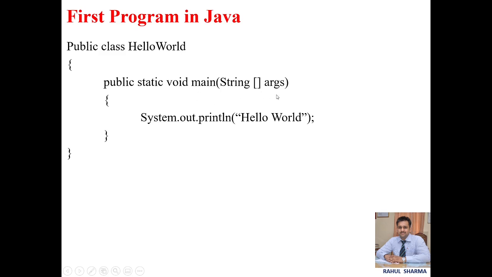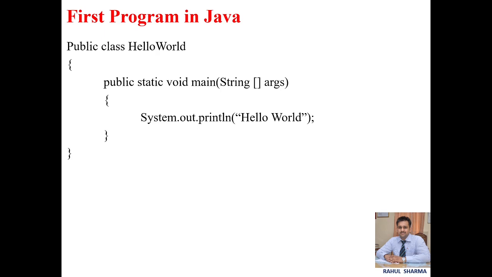Now after this, we write the statement System.out.println, and in the braces of this function we have written hello world because we want to print hello world. In Java, System is a predefined class and a dot operator is put after the class name. If we put a dot operator after the class name, it means we are accessing a static member of the class.